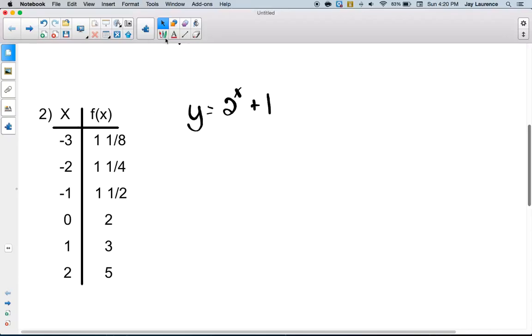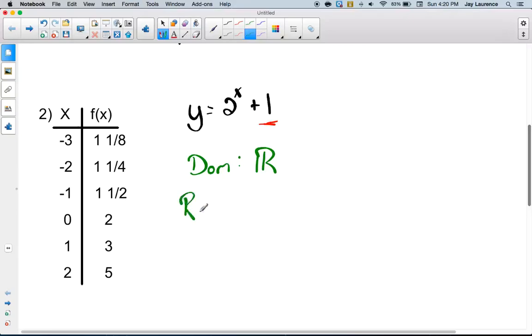By the way, this is not a coincidence that there's a plus 1 here. Okay? So the domain is going to be just the same, all real numbers, just like in the last graph. The range is so simple.